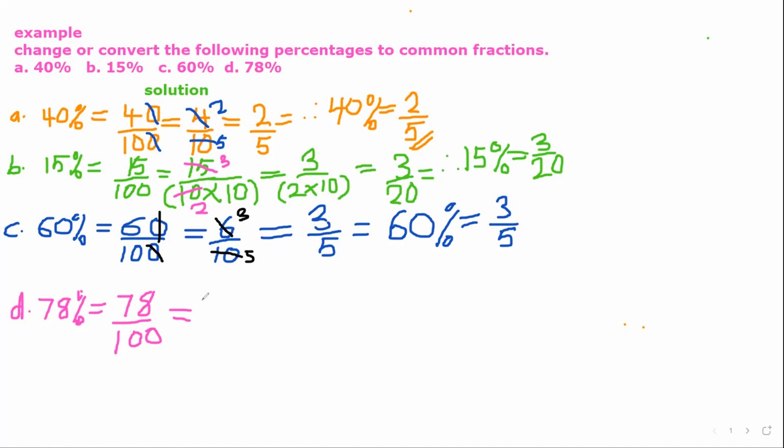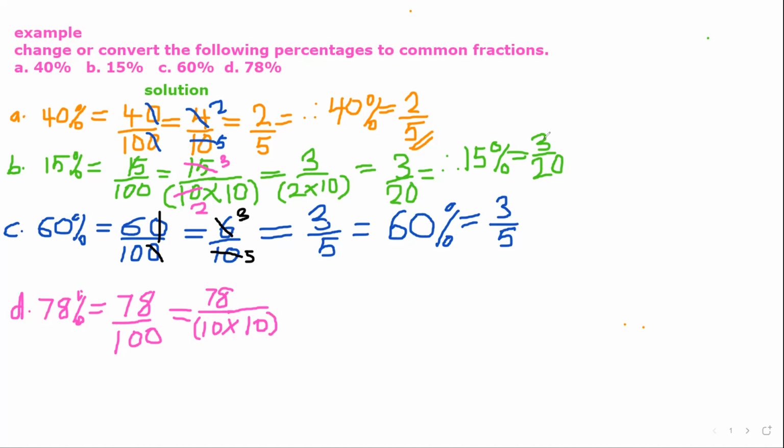Therefore, let's simplify the 100. So we have the 78 here all over, when you simplify, you put them in a bracket, 10 times 10. 10 times 10 is the same as 100. Okay. Then with this, we are going to use the 2 to cancel the 78 and 10 at the same time, or any of the 10s.